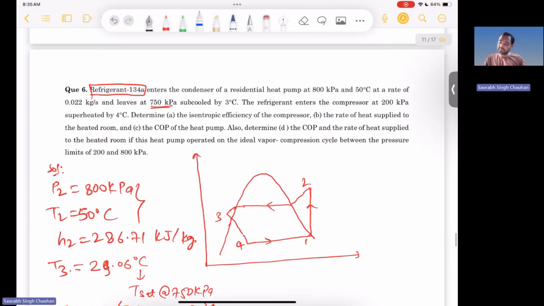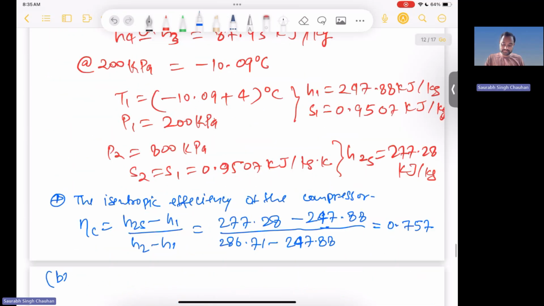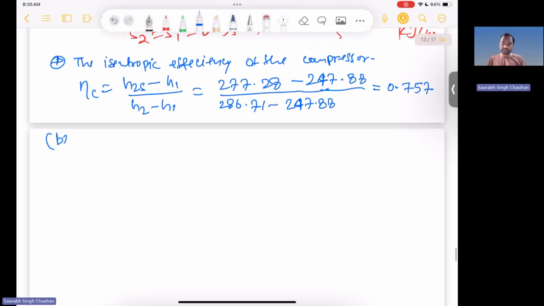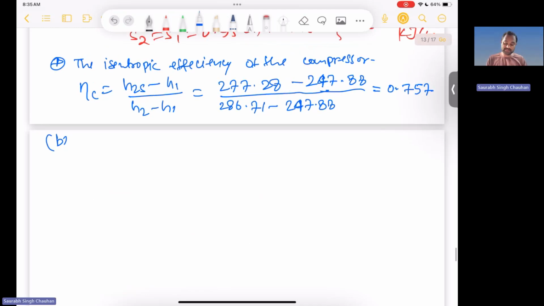In the second part, we are asked to find the rate of heat supplied to the heated room, right? So rate of heat supplied means how much heat is being rejected, right? So that is nothing but QH, heat rejected at higher pressure, higher temperature. So that will be equal to mass flow rate times H2 minus H3, right?